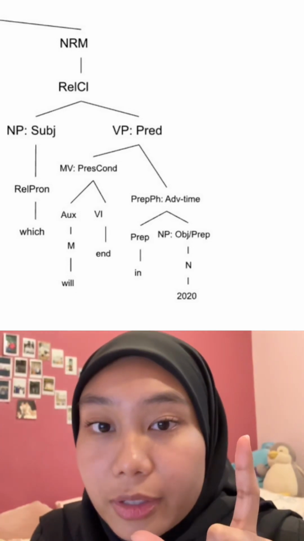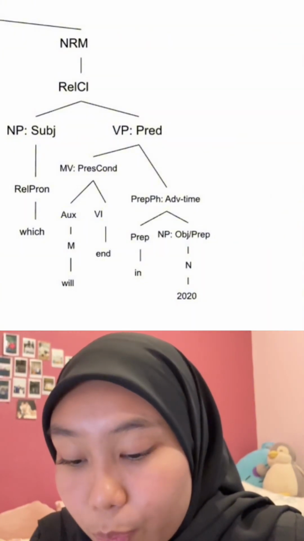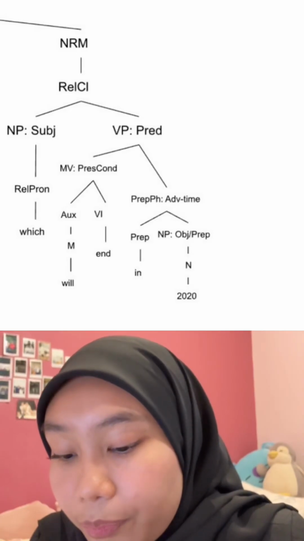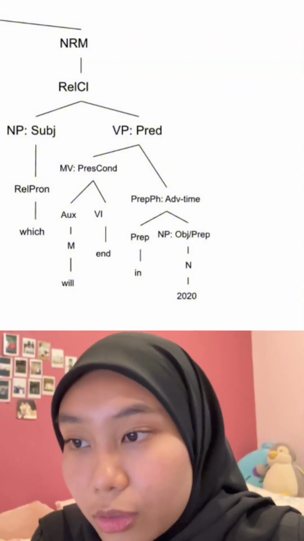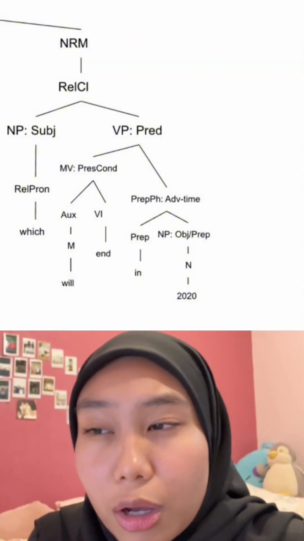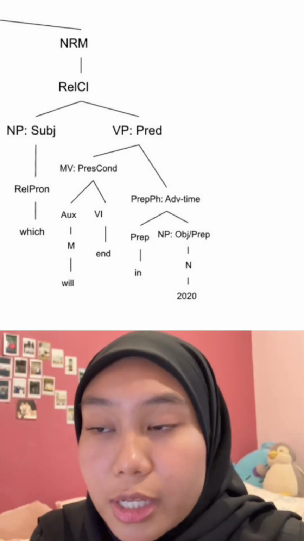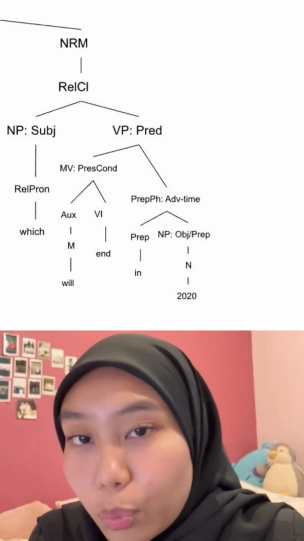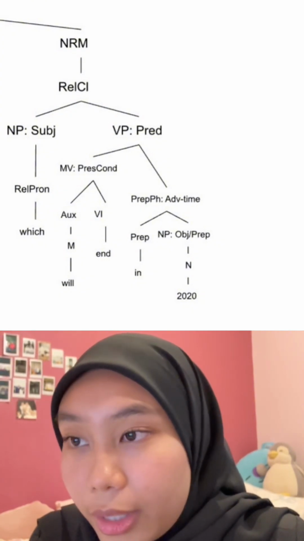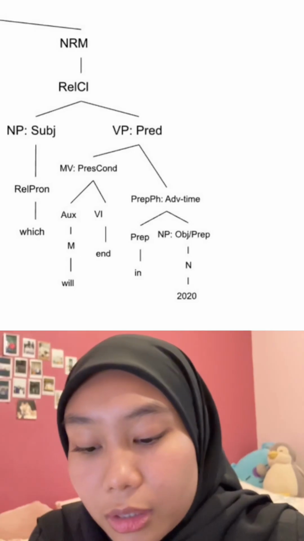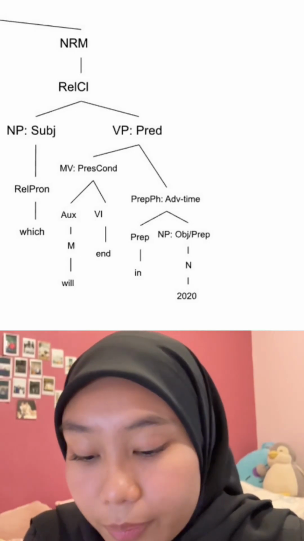Under the verb phrase predicate write the main verb, which is present conditional. Under the main verb write the auxiliary, because the next word is will, so will is auxiliary modal. And then the type of verb under the verb phrase predicate is VI.